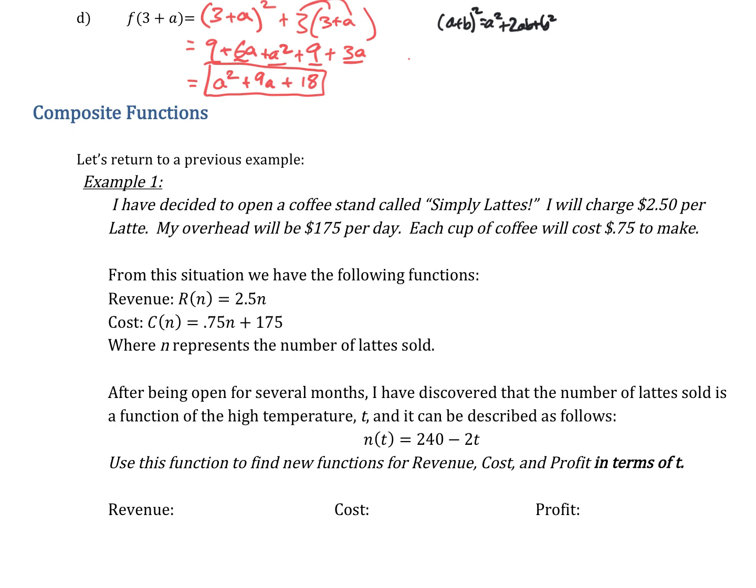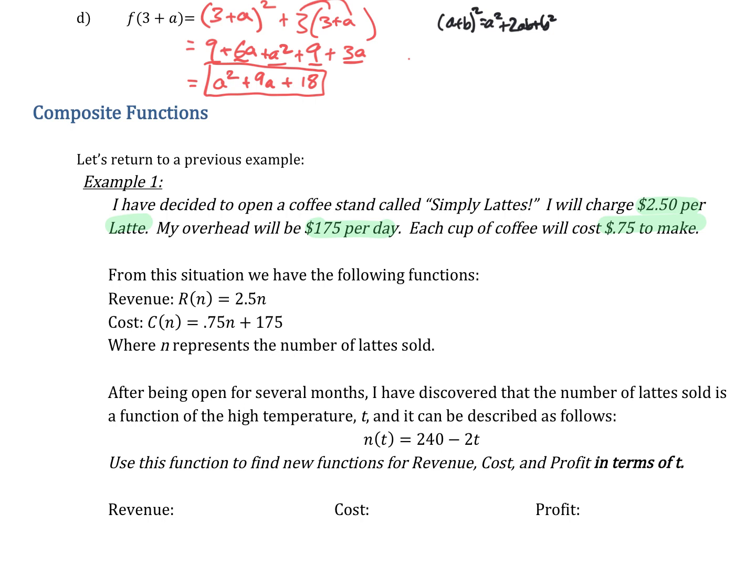So let's think about a situation here. I'm going to start a new coffee stand, and I'm going to call it Simply Lattes because I like lattes, and that's all I'm going to serve. I'm going to charge $2.50 per latte, and my overhead I figured out is going to be $175 per day for my little stand and everything I need there. And each cup of coffee is going to cost me about 75 cents to make.